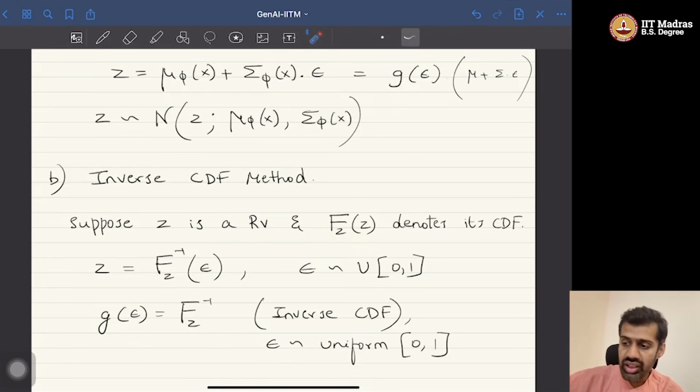Okay, so this is called the inverse CDF method. So this is also a reparameterization method, because what we have done is we have represented one random variable z using another random variable epsilon using some function which happens to be the inverse CDF.